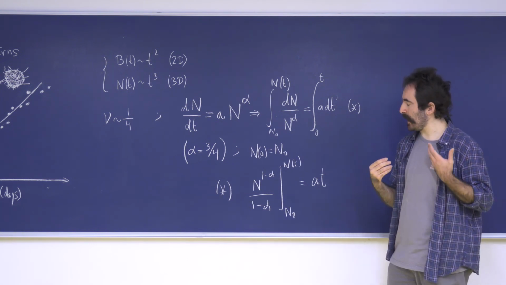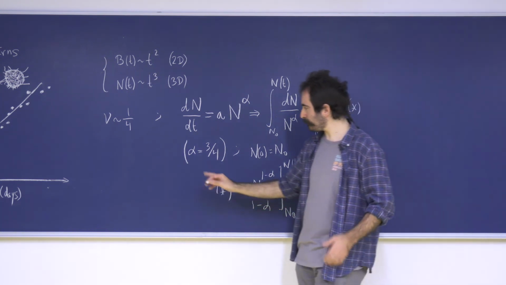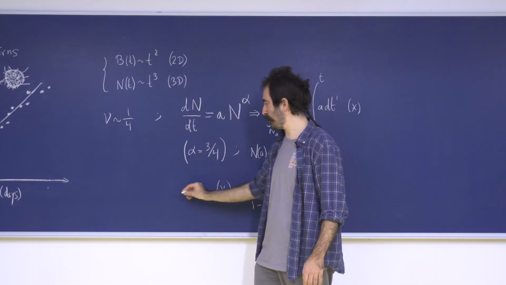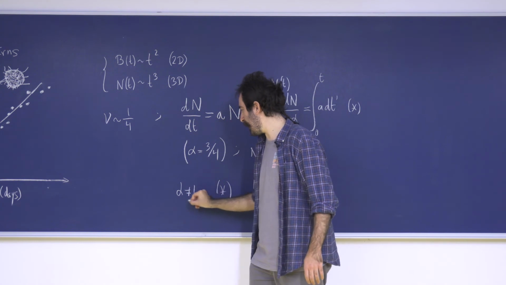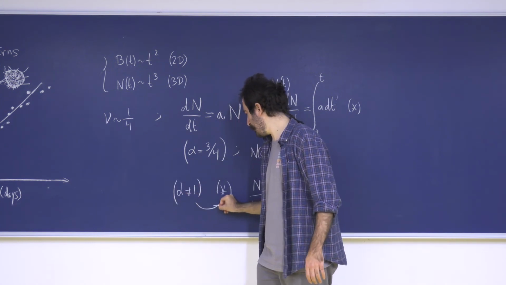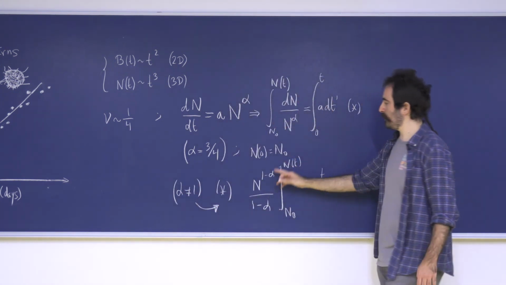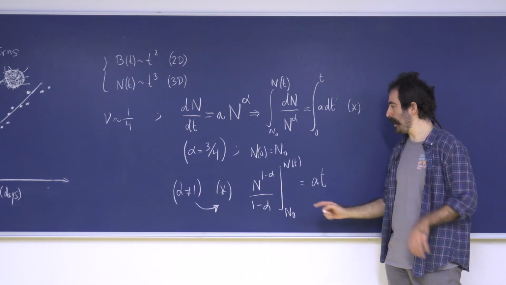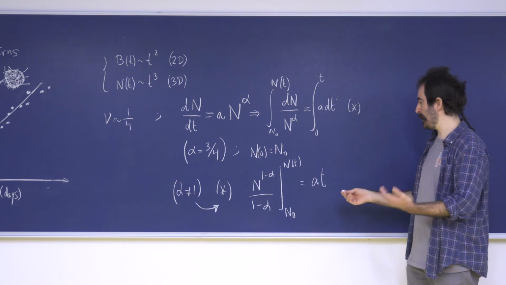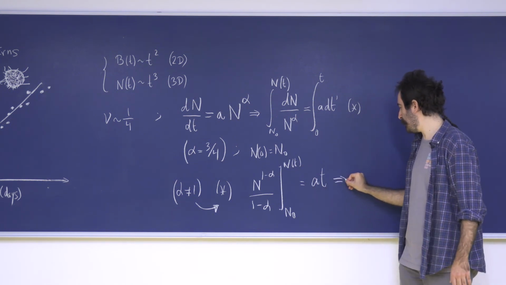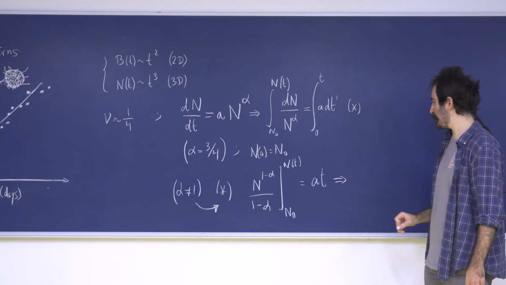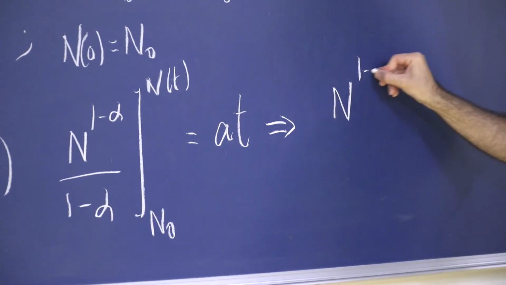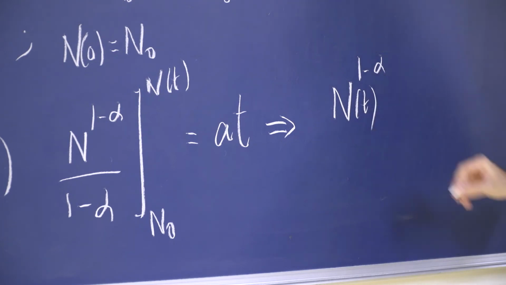But as I have already explained, in fact, what we find in these systems is that alpha is close to 3/4. So using the fact that alpha is not going to be 1, we can easily derive this expression over here. Okay? Now it's a matter of taking factors out, etc. But very easily we can see that we are going to have n to the 1 minus alpha of t, right?